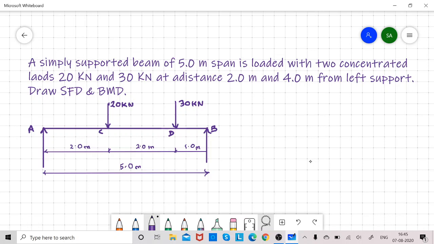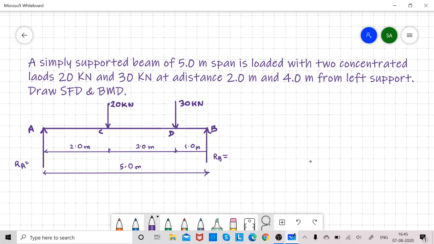Now to keep this body in equilibrium, there will be reactions RA and RB. In this case, as both the supports are simple supports, there are only vertical reactions, no horizontal reaction or moment reaction.